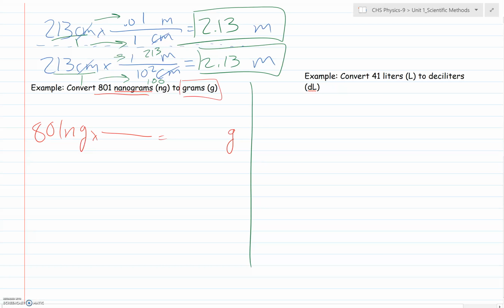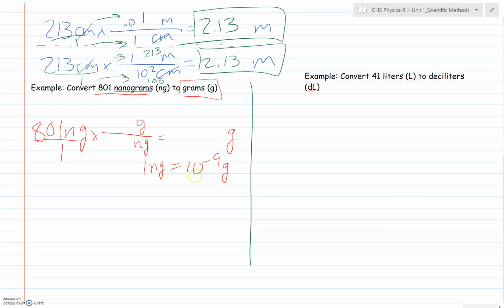I know that 1 nanogram equals 10 to the negative 9 grams. So I come over here and I look and I see, okay, I need my nanograms on the bottom to cancel each other out, and I need grams on the top. So I have to start filling in what I know.